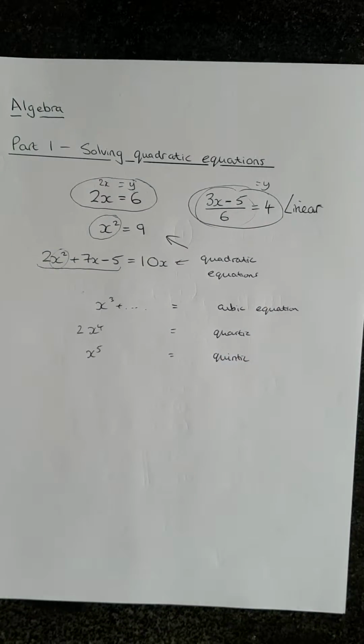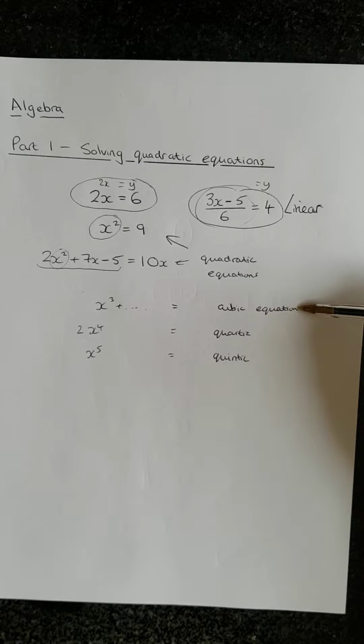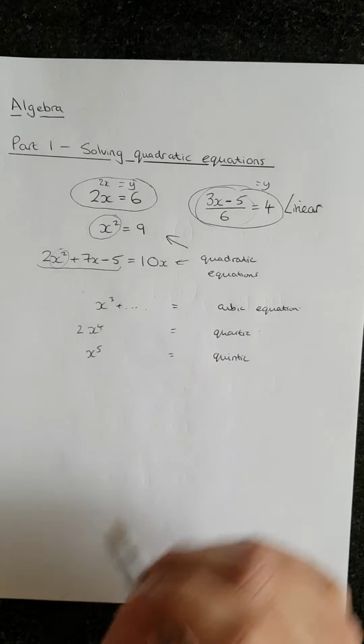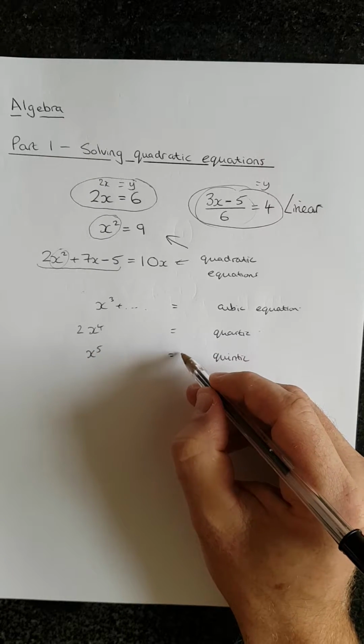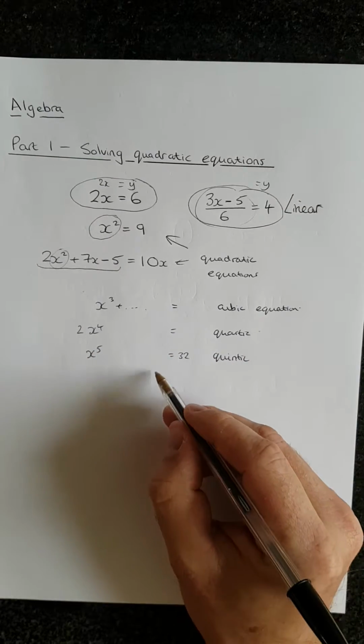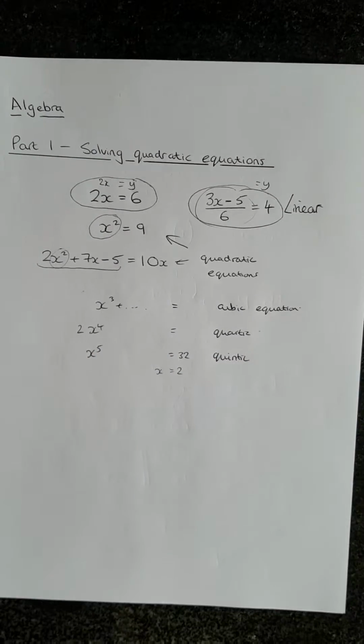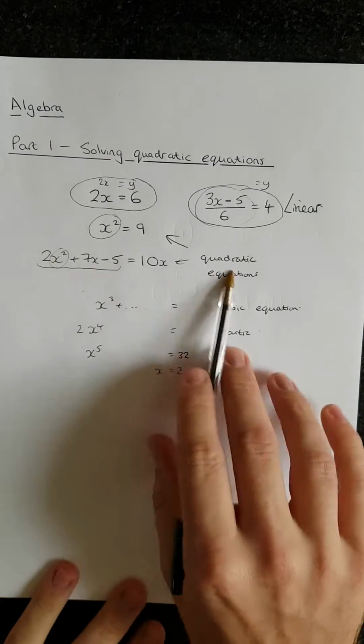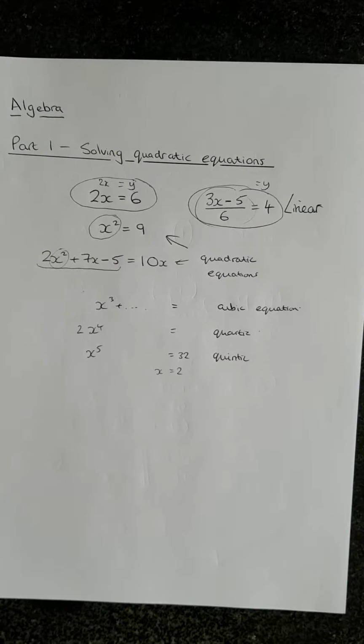Now, you may solve these later on in certain situations. It's unlikely you'll solve many of these, apart from very basic ones, like x to the 5 equals 32, where x would be 2. We're going to focus on quadratic equations.